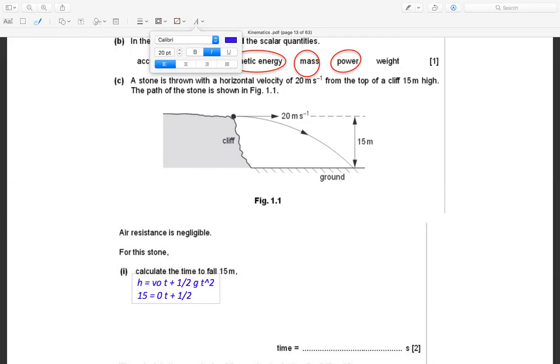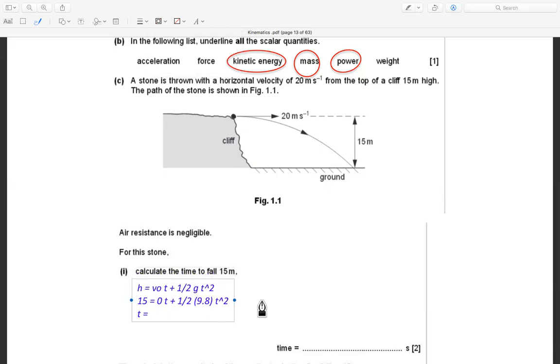Then a half g, we use 9.8, and we find t first. Langsung saja kita pakai calculator. 15 times 2 is 30, 30 divided by 9.8 equals 3.06, and we root it: 1.74 second.